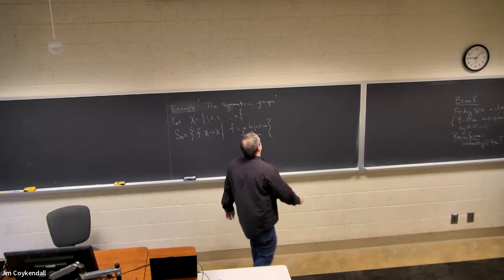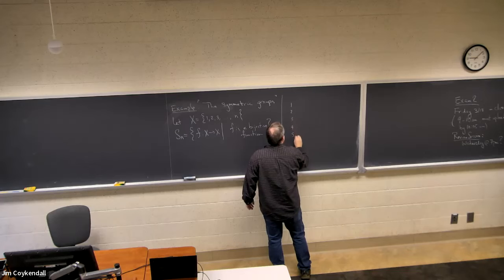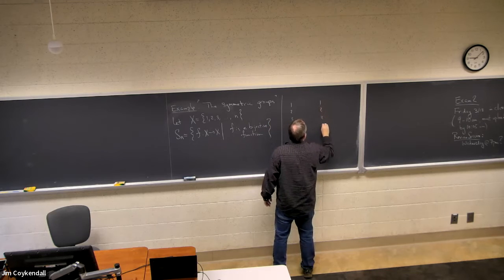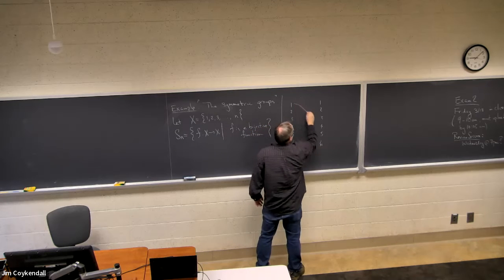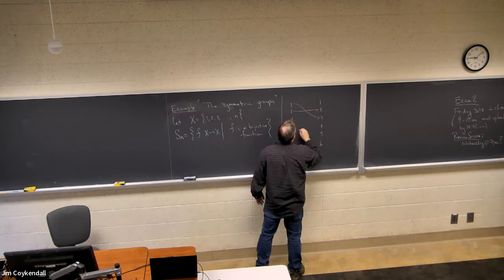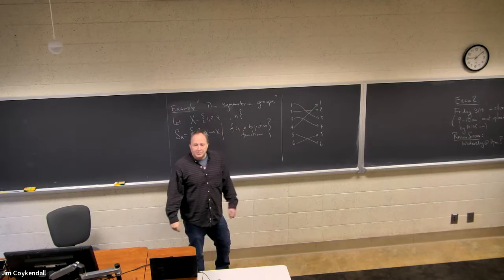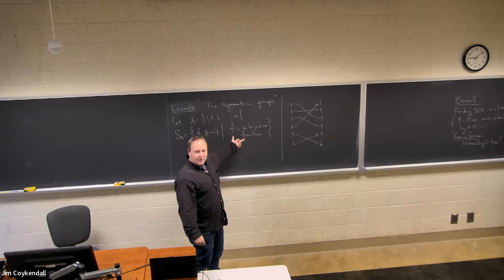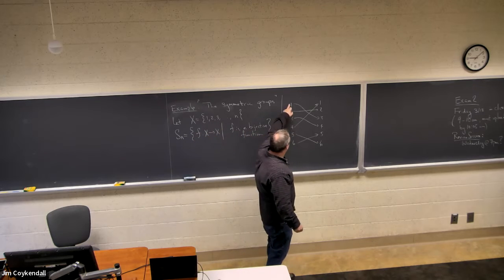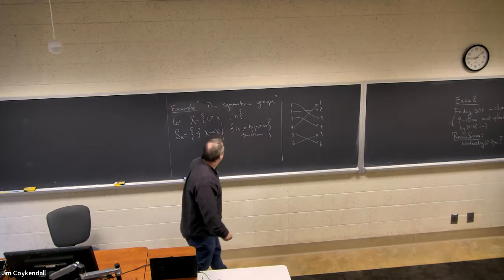For example, let's come up with a bijective function in S6. Well, 1 could go to 3, 2 could go to itself, 3 could go to 4, 4 could go to 1, 5 could go to 6, 6 goes to 5. This function is bijective, right? It's one-to-one and onto. It's a pairing off of things. Sometimes the elements of these are called permutations, because really what you've done is take 1, 2, 3, 4, 5, 6 and rearrange them into a new order. Everybody okay with that?